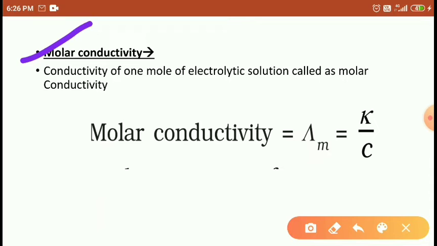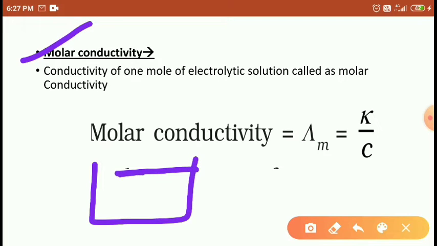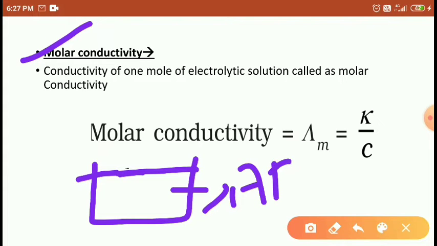Molar conductivity. Molar conductivity means the conductivity of 1 mole of electrolyte solution. For example, in a beaker we are adding the electrolyte AB.